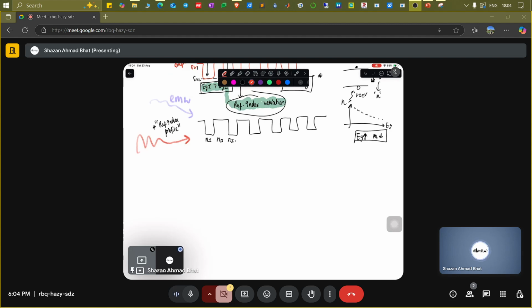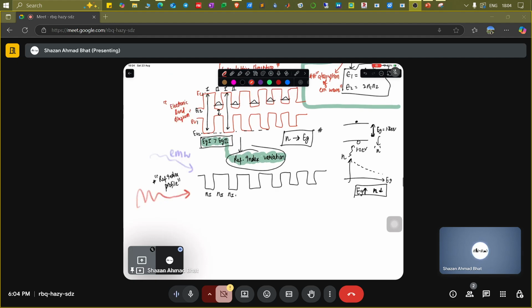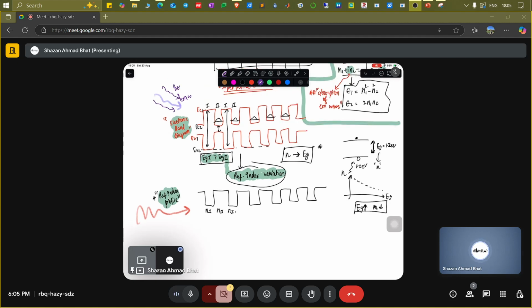Let me just draw, so you can understand from this. The electromagnetic wave comes here. It faces both the refractive index gradient, that means this, as well as the potential gradient, because of the nuclear potentials. Now, when an electromagnetic wave comes in, let's say it's at 800 nanometers.